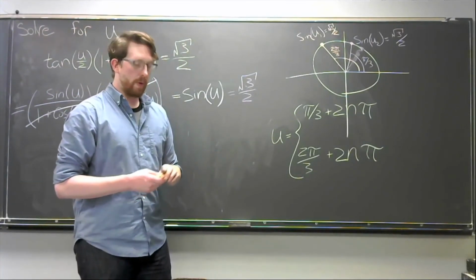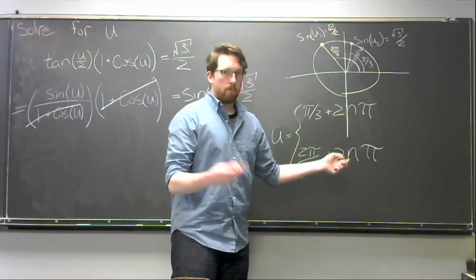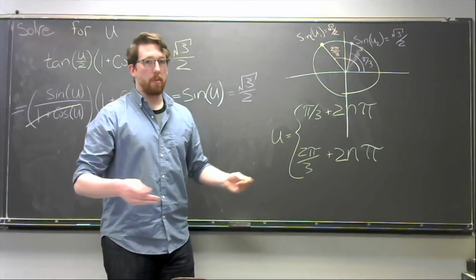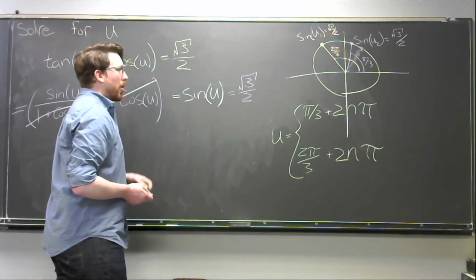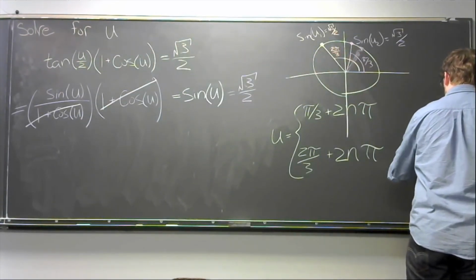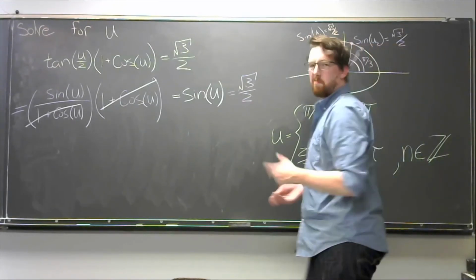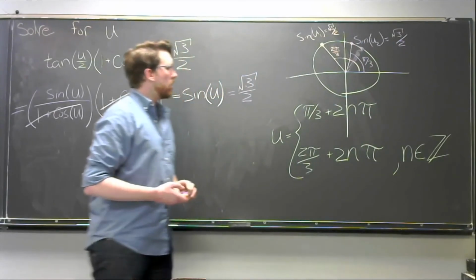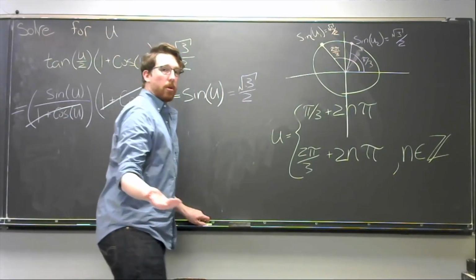There's still one more thing we have to do, though. We have to let the reader, whoever's looking at your problem, whoever's checking it, know that n is an integer. And that's it. We're done. So let's look at the next problem.